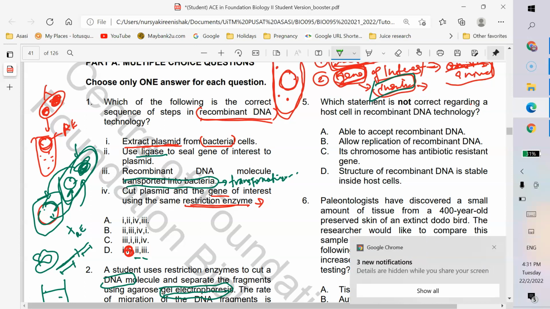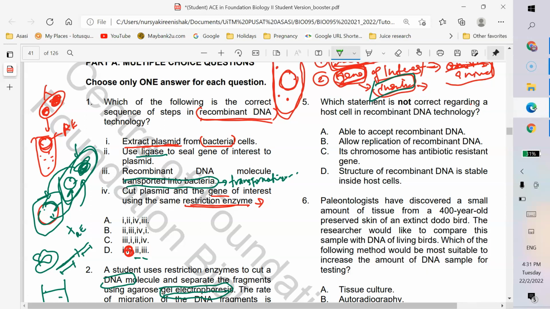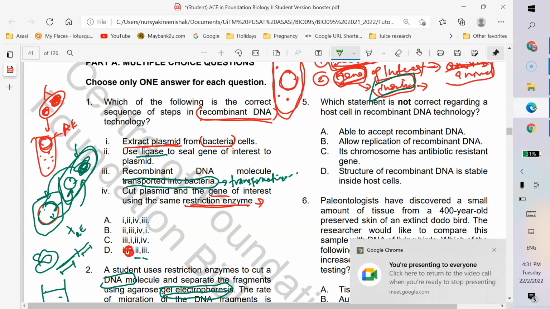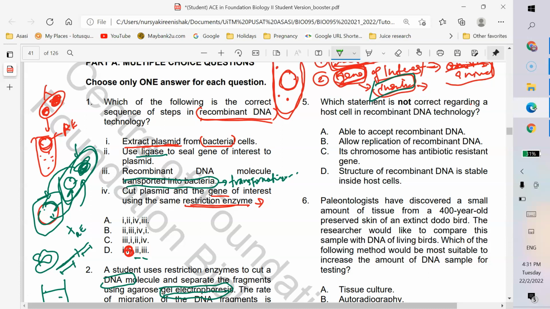So thank you Anas. Number 5, Khairil. Which statement is not correct regarding host cell in recombinant DNA technology? Its chromosome has antibiotic resistance. Kenapa statement tu salah?